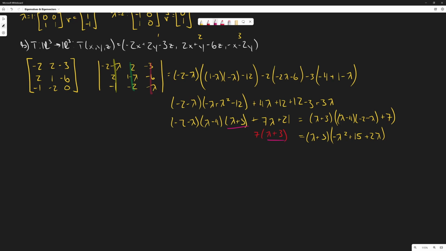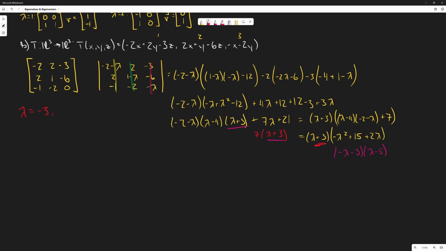And then we can factor this out with a negative lambda. This would be positive and positive. So this would just be minus 3, then lambda minus 5. And all of this will be set equal to 0. And then we'll see that we'll have our lambdas or eigenvalues to be negative 3, which is this part right here.